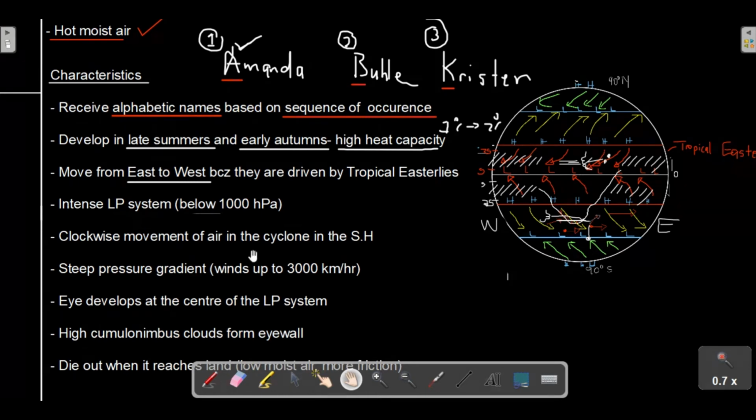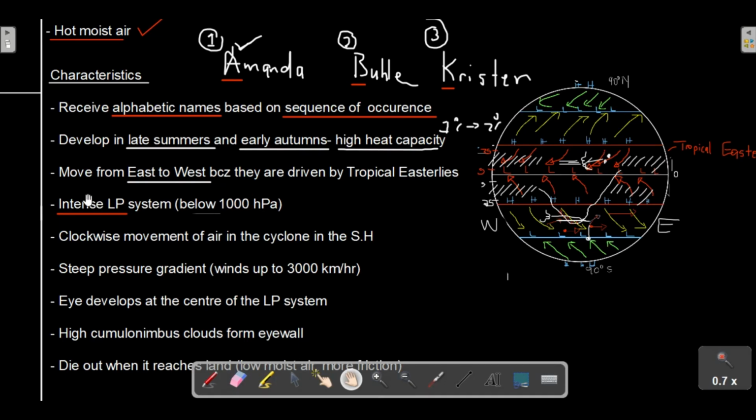A tropical cyclone is what we also call an intense low pressure system. It's intense because the pressure at the center is lower than 1,000 hectopascals. Remember, mid-latitude cyclones have an average pressure that is above 1,000 hectopascals.